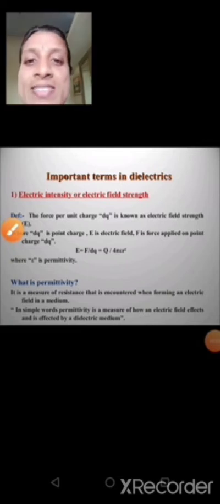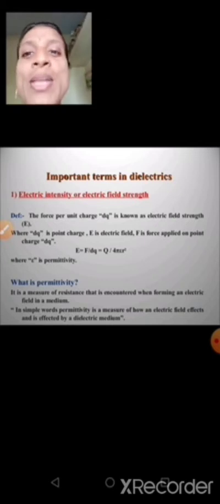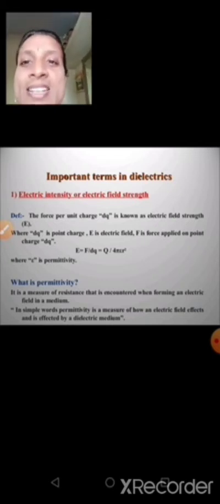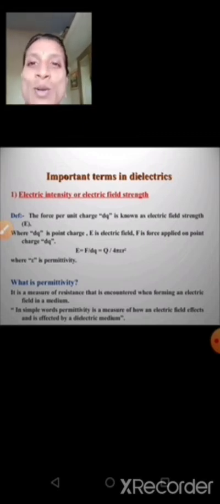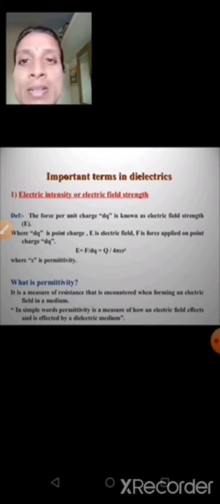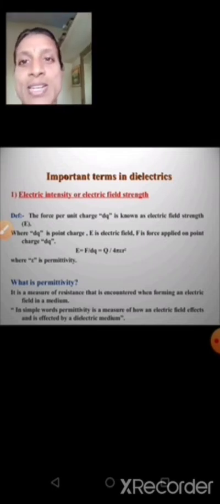Important properties which we study in these materials are, first, electric intensity, that is electric field strength, represented by E. We know the famous formula F is equal to EQ. In that, E is the electric field strength, equal to Q by 4 pi epsilon naught r square. After learning this electric dipole, the force lines transmit from positive charge to negative charge.